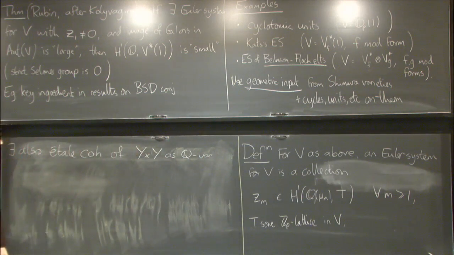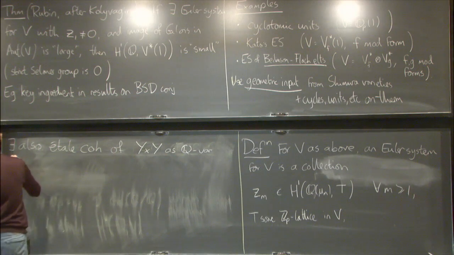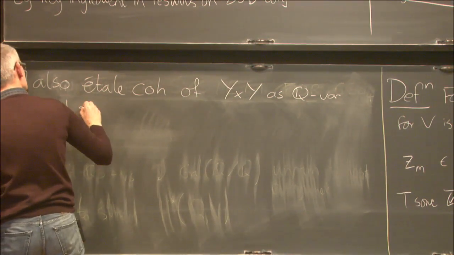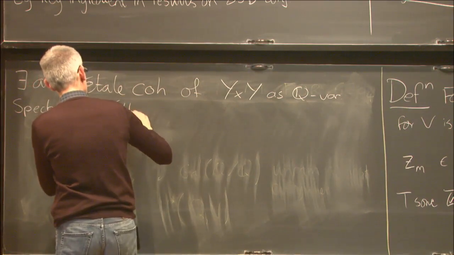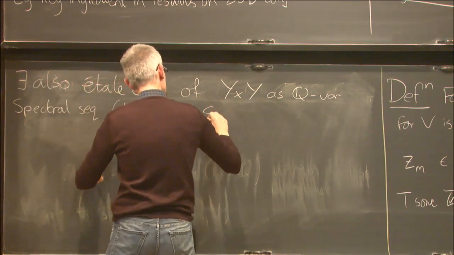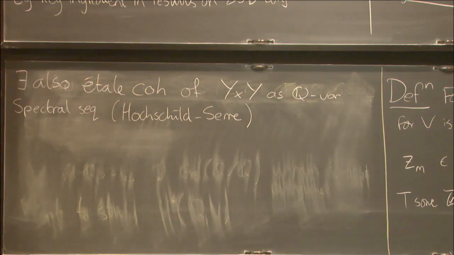And these two notions of étale cohomology are related together. So the relation in general takes the form of a spectral sequence. So this is an instance of the Hochschild–Serre spectral sequence.